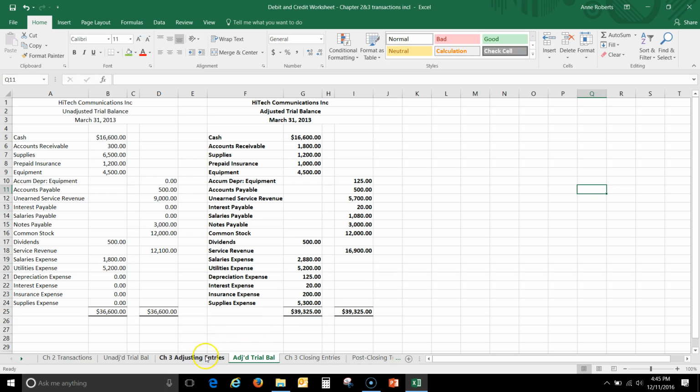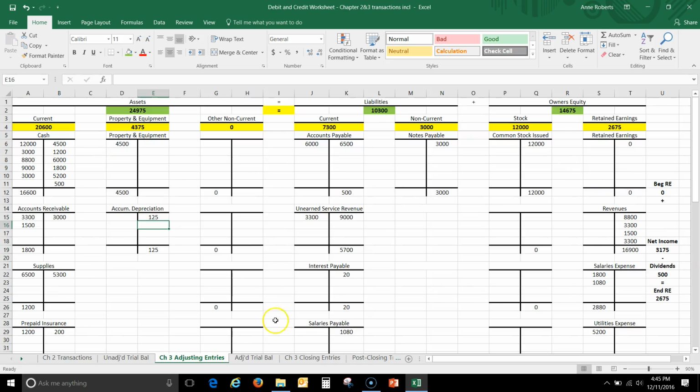Okay? Now, let's go back to this layout right here. I want to really point out to you what's happening here. Remember, ultimately the retained earnings will change, but only after closing entries.